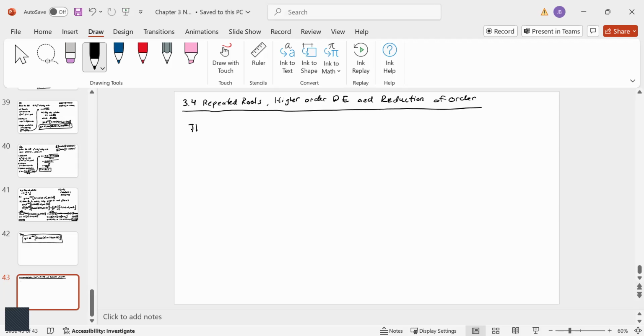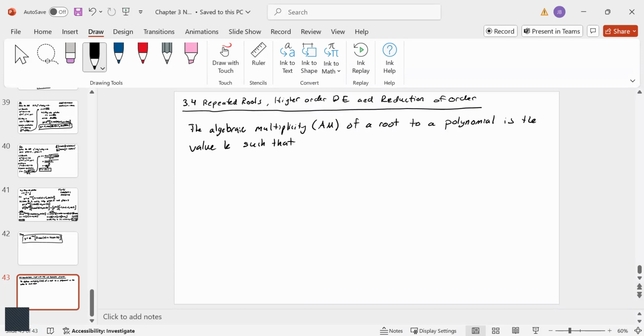So, the algebraic multiplicity, which is often abbreviated as AM, of a root to a polynomial is the value k such that (x - r)^k is equal to 0.